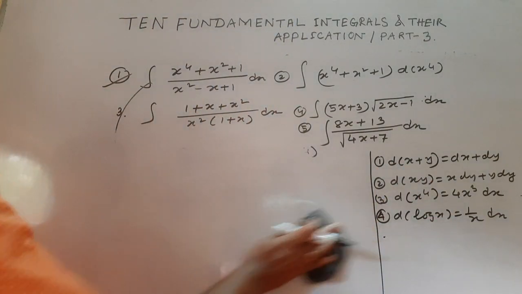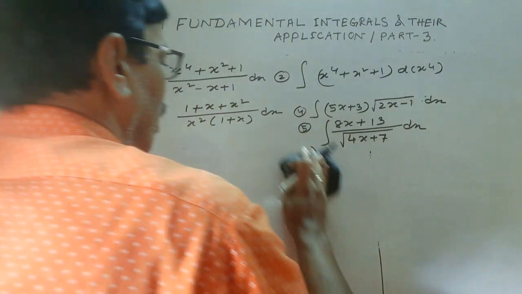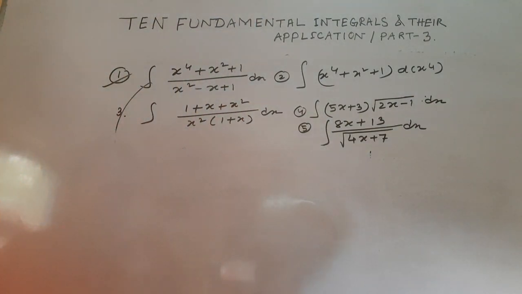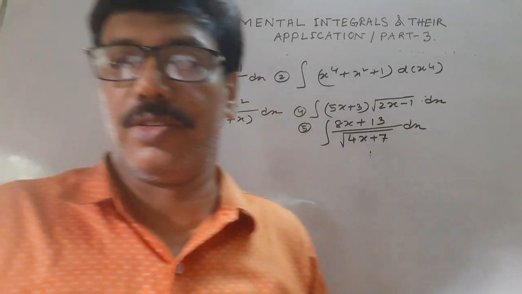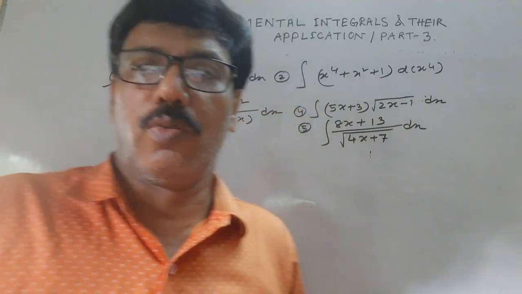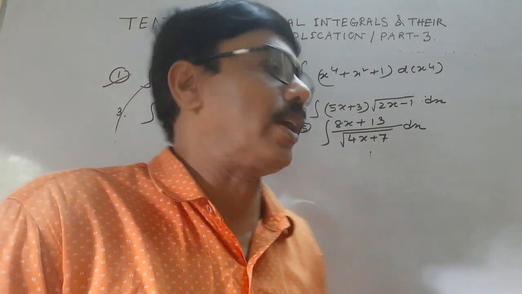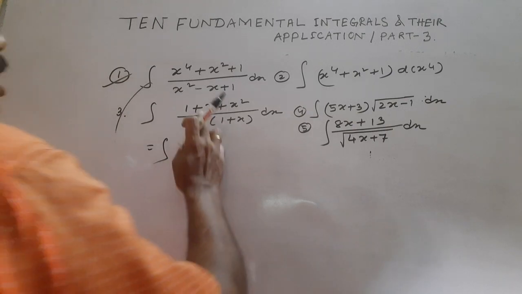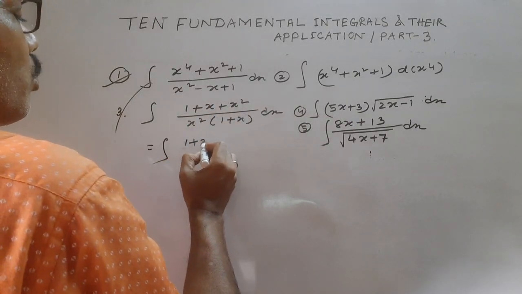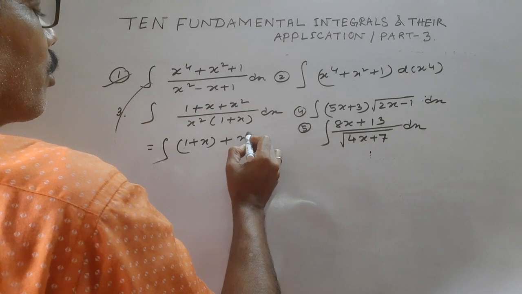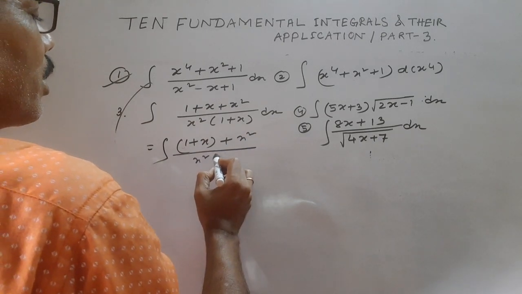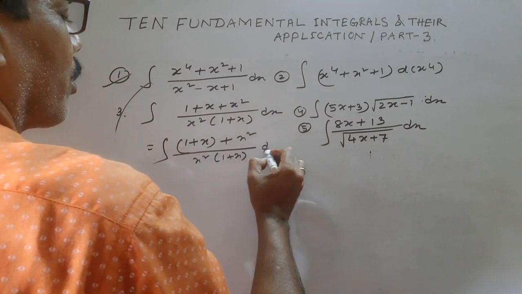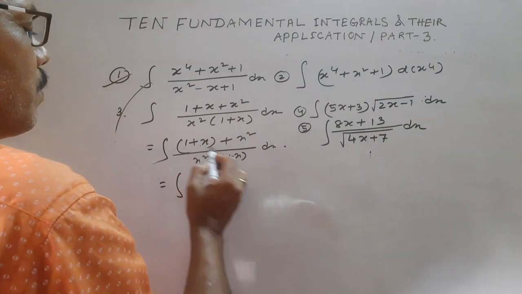Now problem number 3. Now 1 plus x square cannot be factorized. So anyhow, we have to express it in standard form. So try to understand. Here it is 1 plus x. So you write 1 plus x square by x square into 1 plus x. Then this by this.